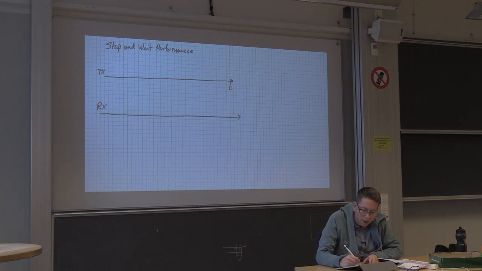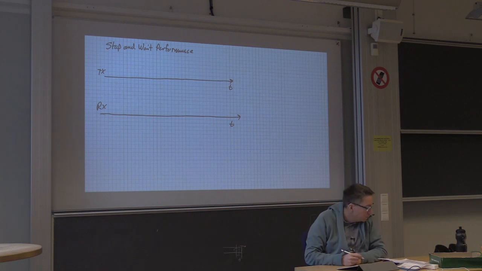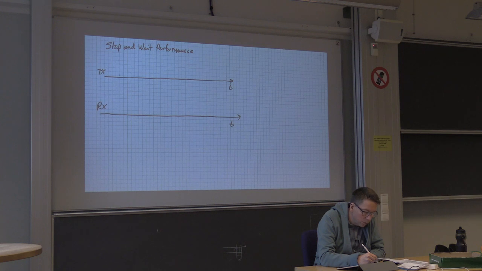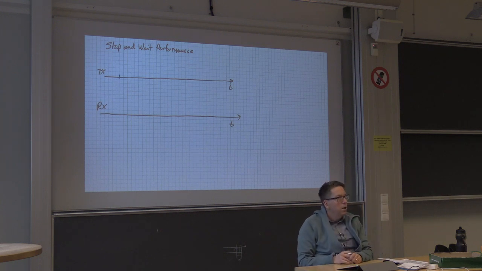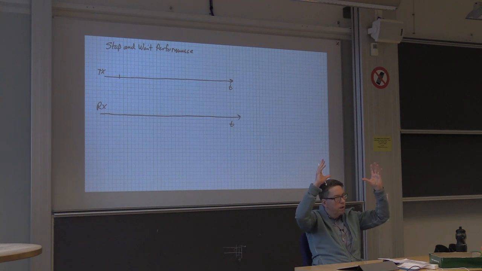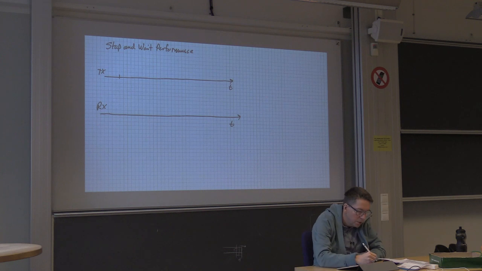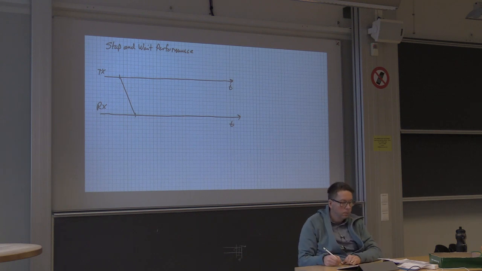So here we have time. At some point in time, say at this point, the transmitter gets a service data unit from above, formats that and starts to transmit it. The first bit is transmitted at this point in time, and the first bit of the frame will reach the receiver at this point in time.